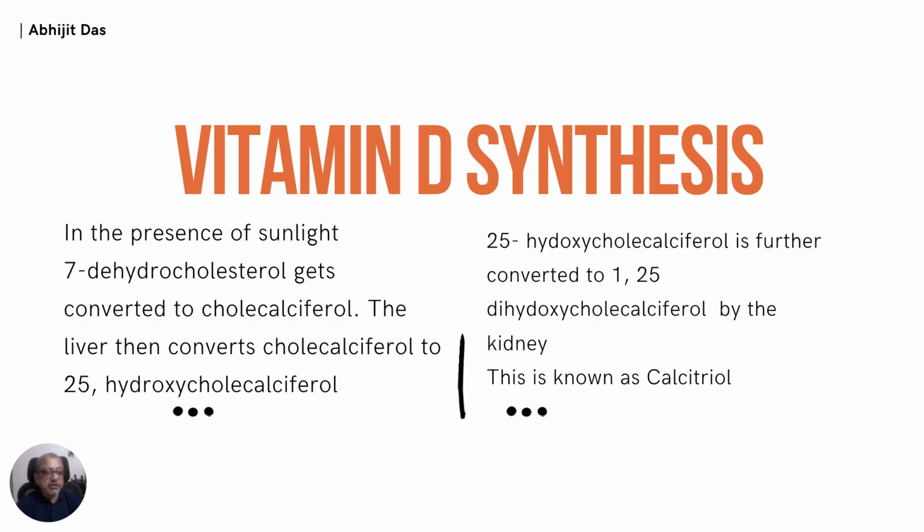Then this 25-hydroxycholecalciferol is further converted to 1,25-dihydroxycholecalciferol as the kidney adds one more hydroxyl ion, and it is the active form of vitamin D3, which is known as calcitriol, which helps in the absorption of calcium from the intestine.